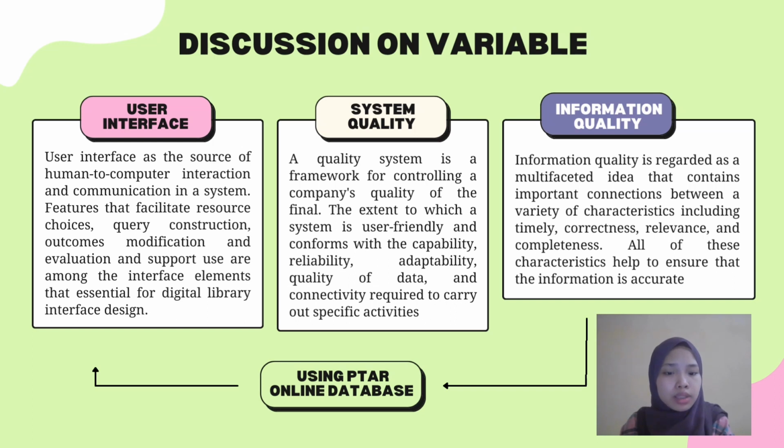Information quality is regarded as a multifaceted idea that contains important connections between a variety of characteristics including timeliness, correctness, relevance, and completeness. All of these characteristics help to ensure that the information is accurate. Overall, from their studies, customer satisfaction of digital libraries has a significant impact on how individuals obtain information.